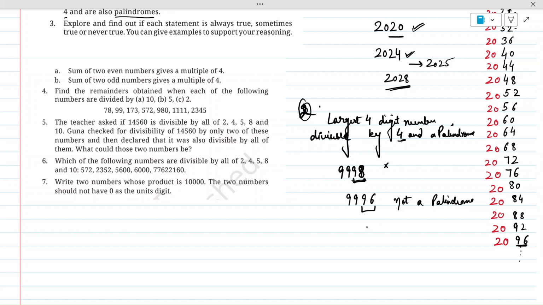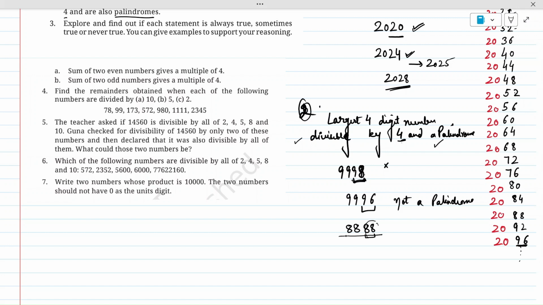I will write down 88 because I know 88 is divisible by 4. And now to make it a palindrome and a 4-digit number, I'm writing 88 again. So this 88 is divisible by 4. This criterion is done. This complete number is a palindrome, done, and also this is the largest 4-digit number.